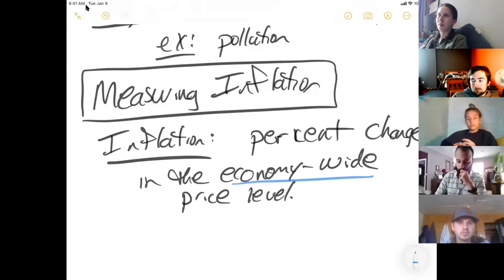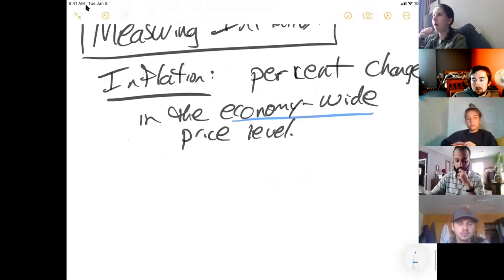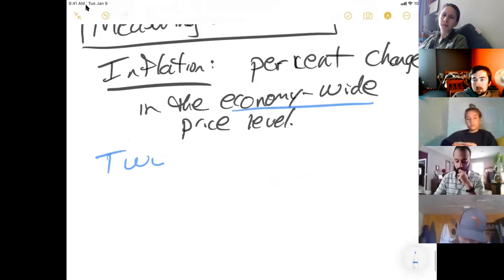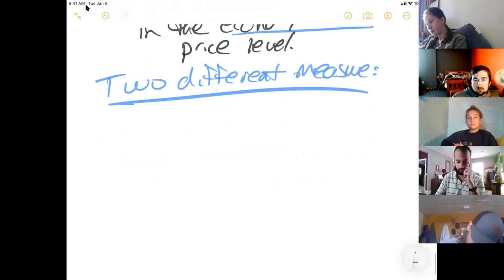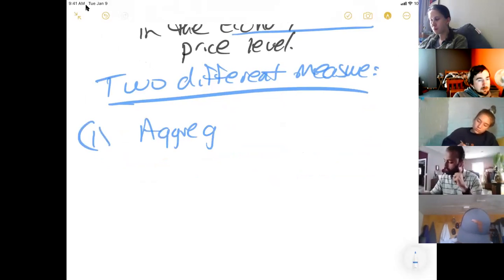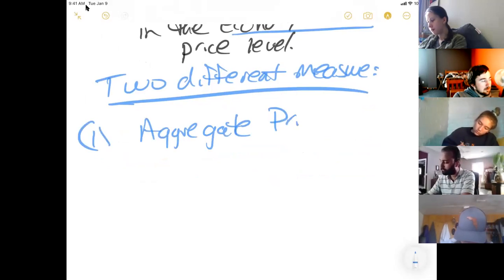So how do we measure inflation? There are really two different measures. The first is closely related to GDP. What we call the aggregate price index.